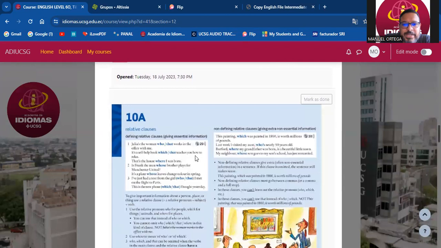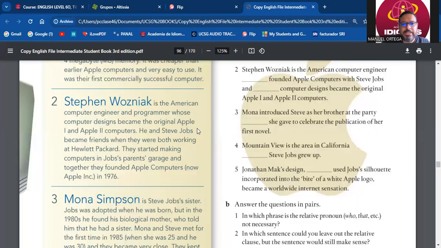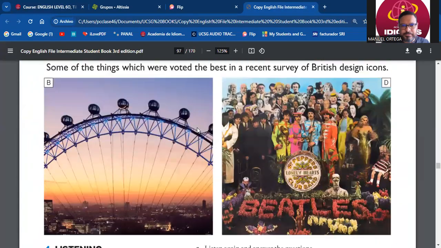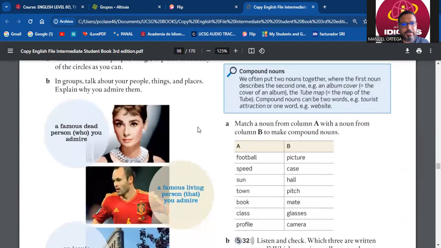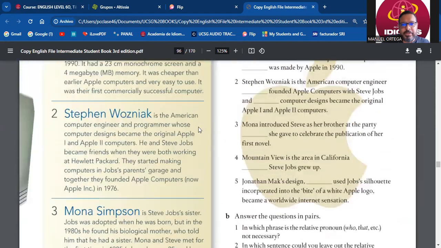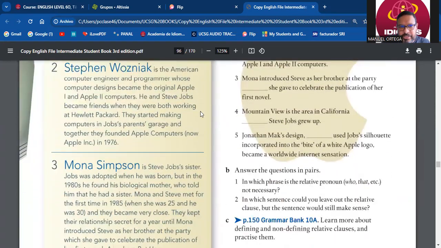But that one is related to the information you got here. The title of the grammar is relative clauses. Let me see it here, just to have a better appreciation of the material related to grammar.